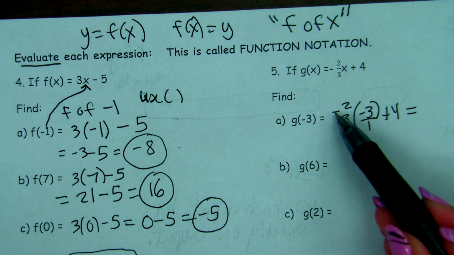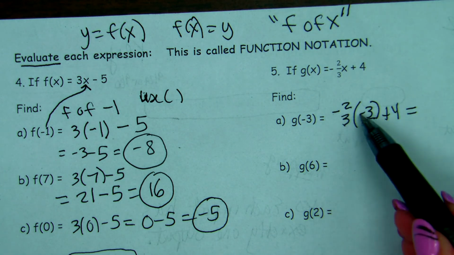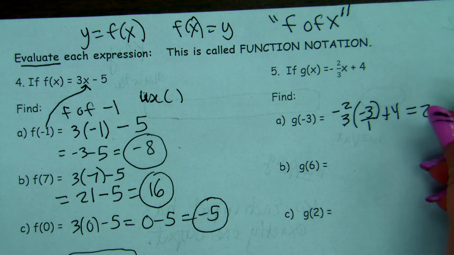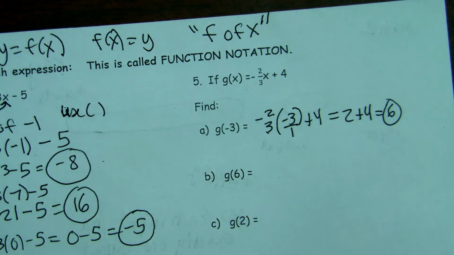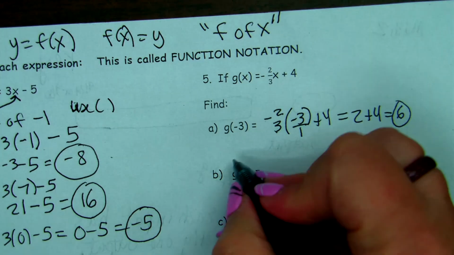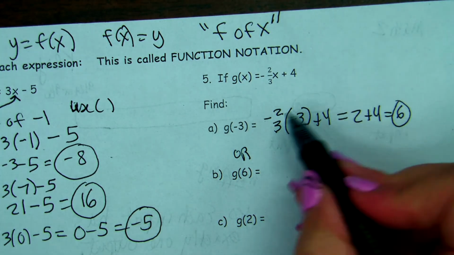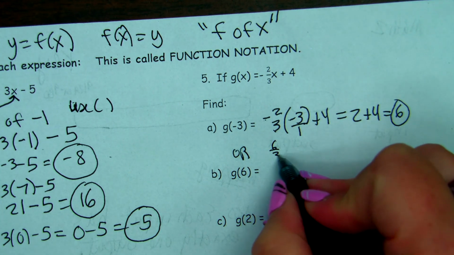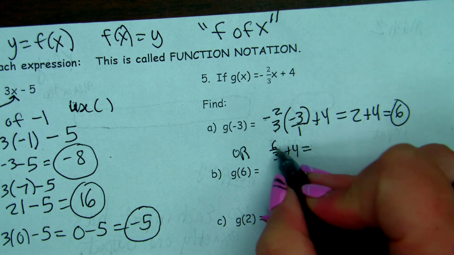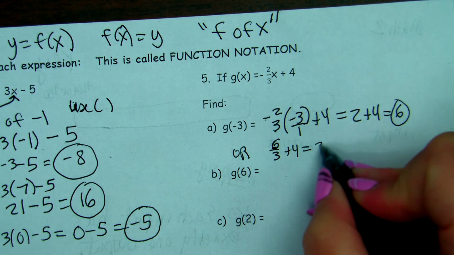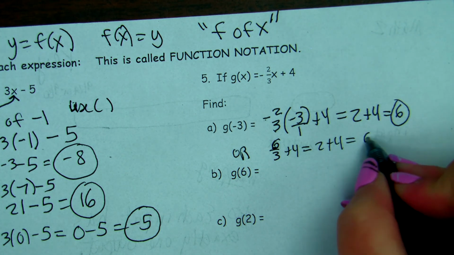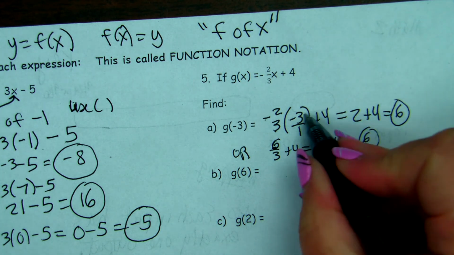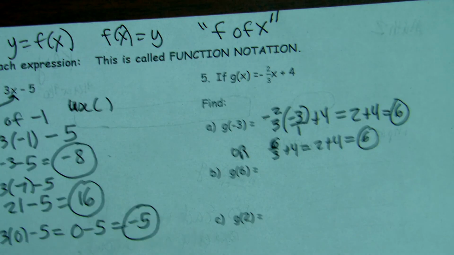And negative times negative is positive, so we get 2 over 1. 2 plus 4 equals 6. Or you can multiply. Negative 2 times negative 3 is 6 over 3 plus 4. And 6 over 3 is 2 plus 4, which is 6. So either way you want to do it, if you want to cancel or if you want to just multiply.